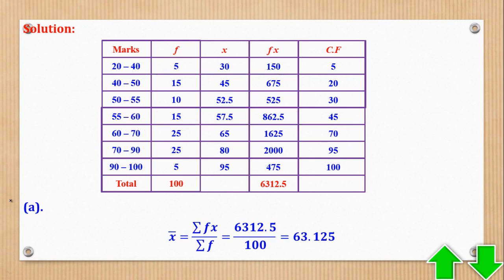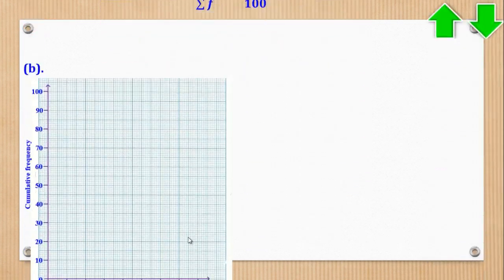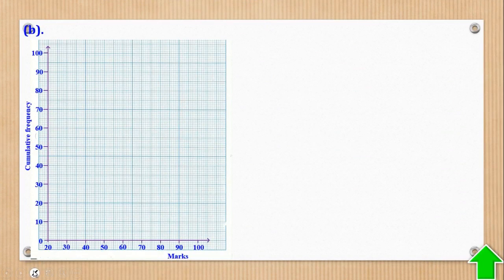So let's plot those points. So the first one is 40, then 50, then 55, then 60, then 70, then 90, and lastly 100.